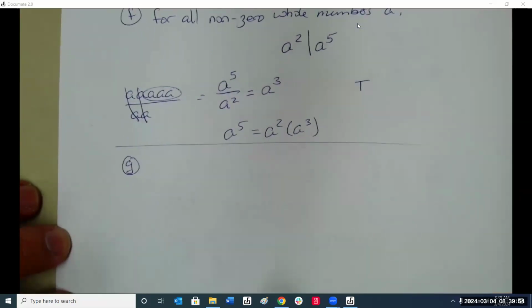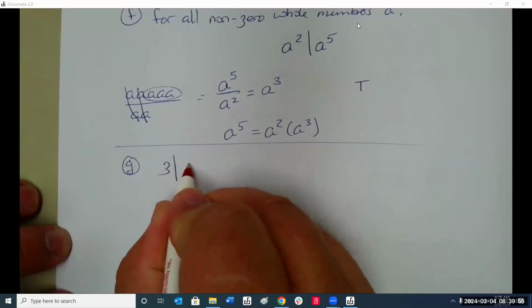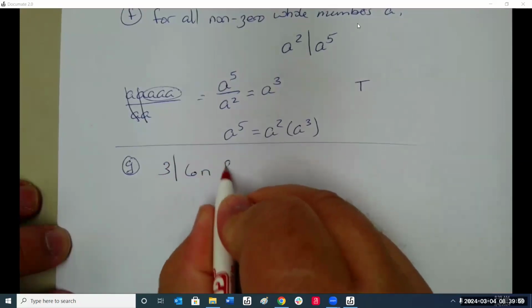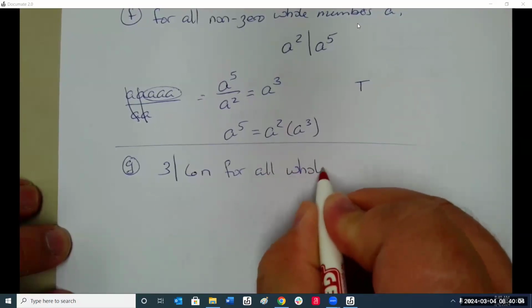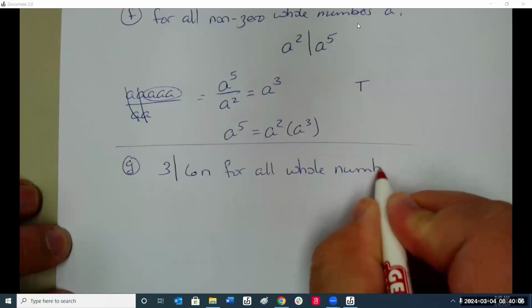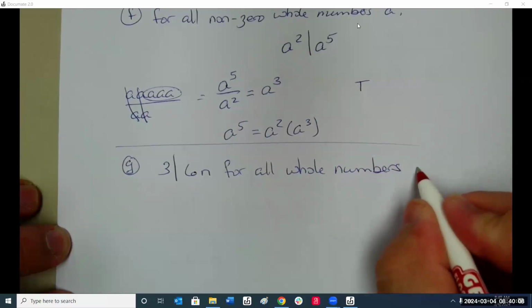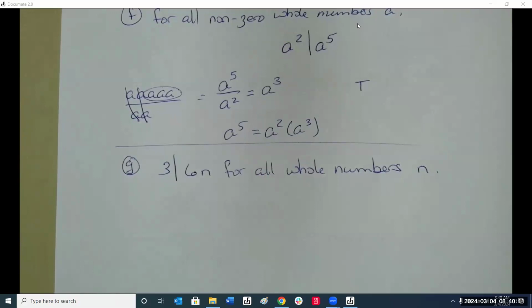G. Three divides 6n for all whole numbers n. Why?